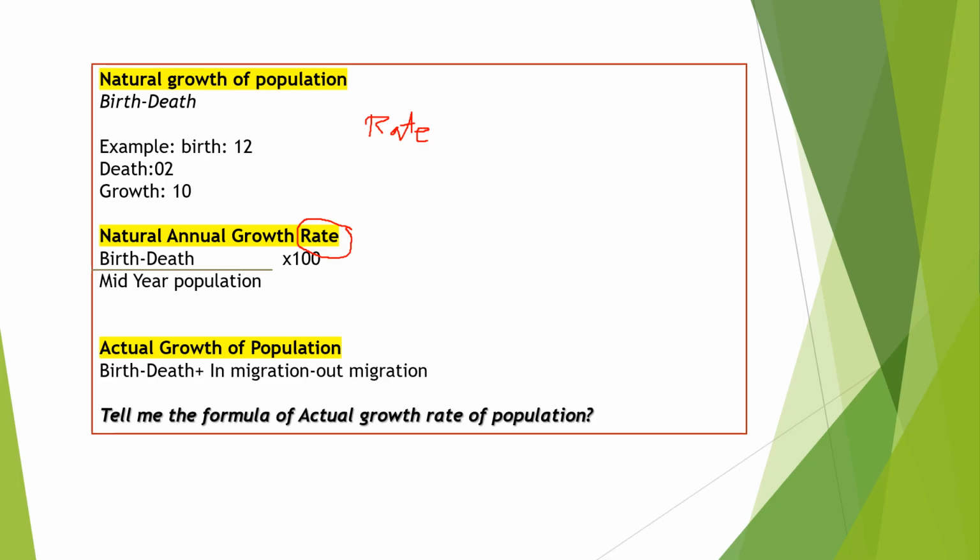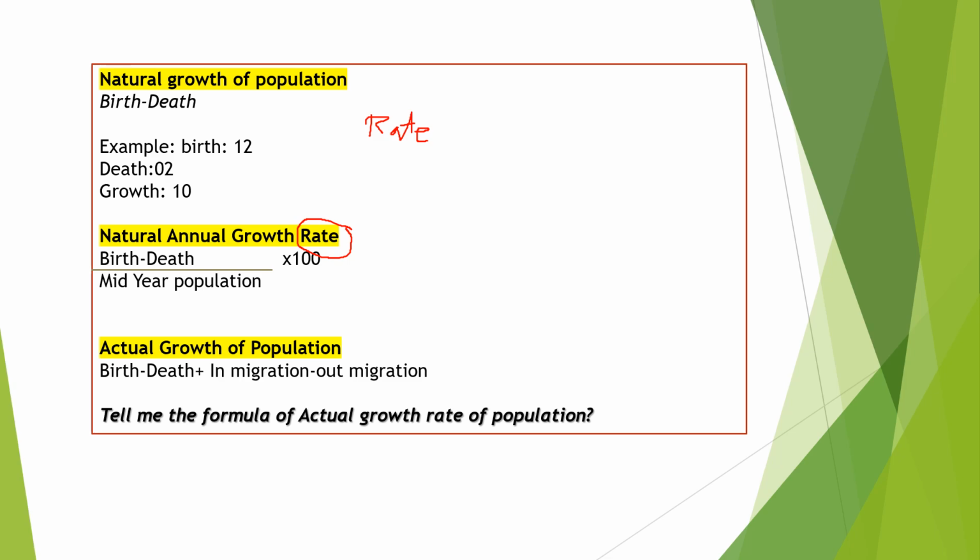Next, actual growth of population. What is the difference between natural growth of population and actual growth of population? In natural growth of population, it is just birth and death. But in actual growth of population, it is birth minus death plus in migration minus out migration.